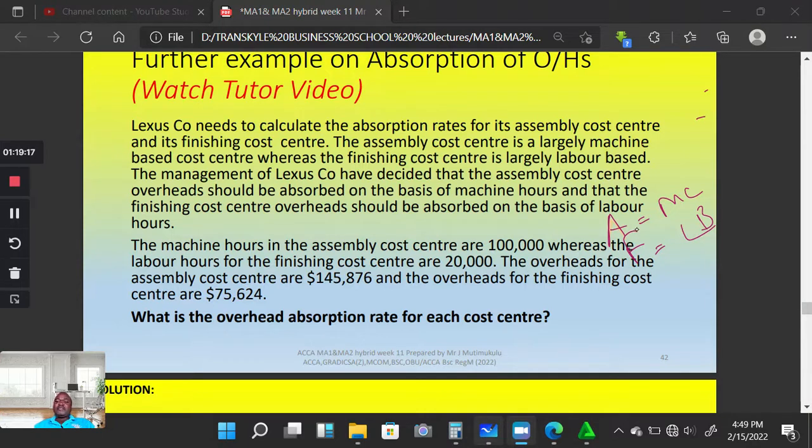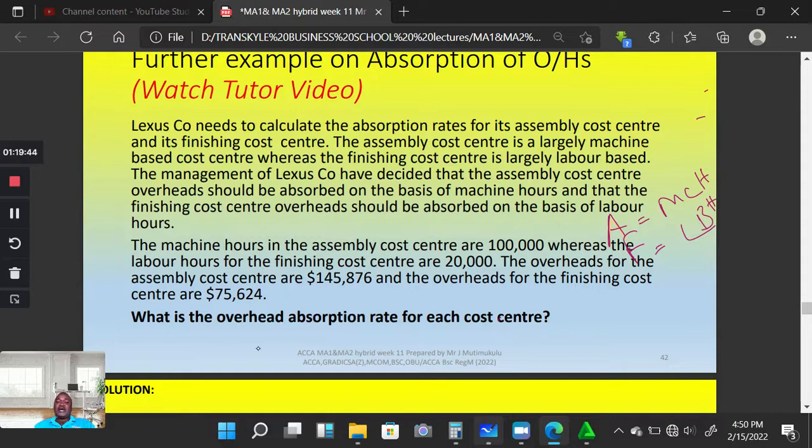So the assembly department overheads are going to be absorbed on the basis of machine hours, and for the finishing, labor hours. So machine hours in the assembly cost center are 100,000. This is the activity. Remember, the question is going to be: what is the overhead absorption rate for each cost center? So you have to be led by the principle.